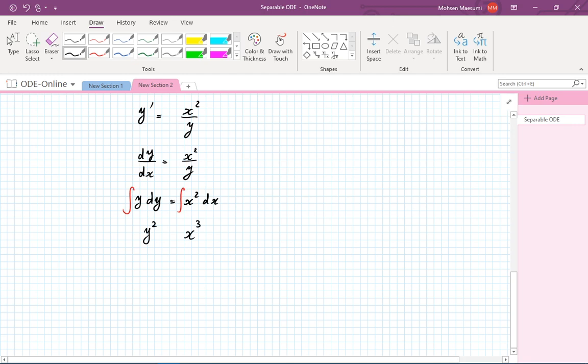Then we can allocate a constant to either side. We said really each side has a constant, but they can be merged into one. So I can write this as x cubed over 3 plus a constant m. That is going to be my implicit solution.